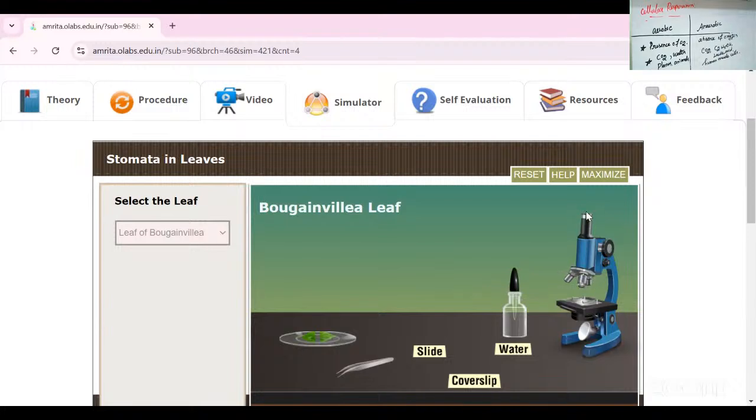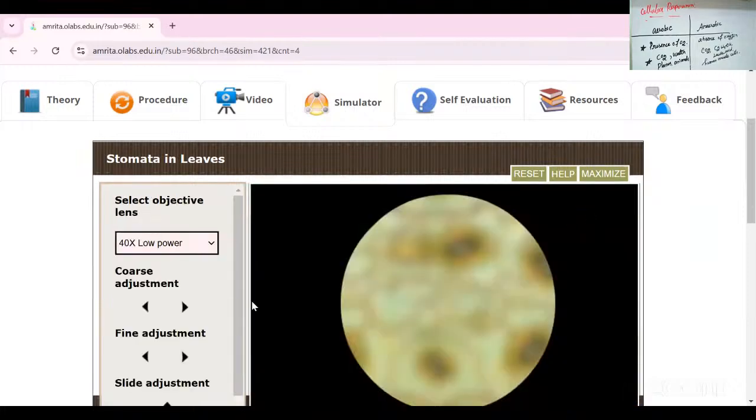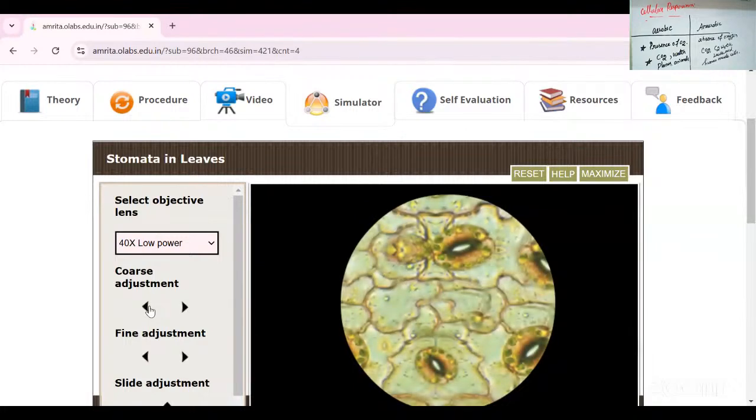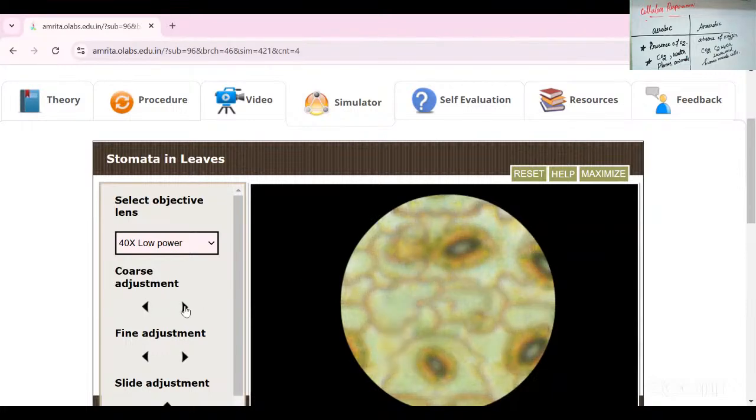Yes, look at this leaf. Look at the stomata part also. Yes, it is in a different color. Wow, very nice color, isn't it? Yes, this is the stomata part of that bougainvillea leaf.